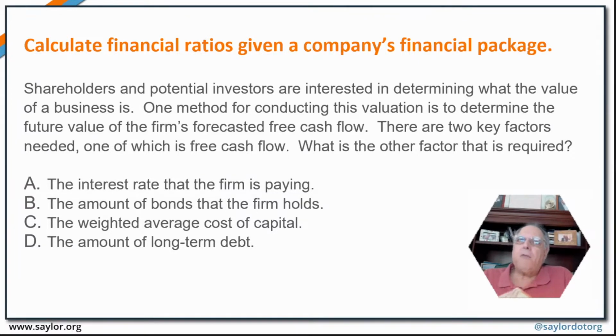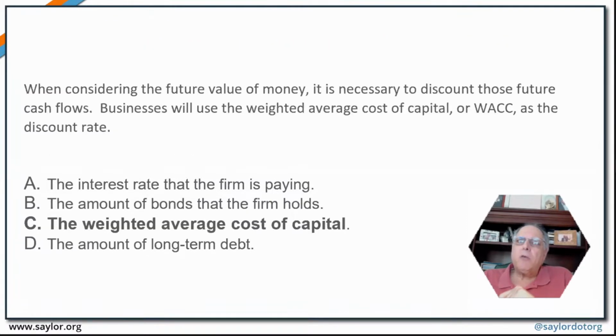And so we have a number of choices here. And what we're going to be looking for is the weighted average cost of capital, or the WACC. Remember that the weighted average cost of capital is the cost to the firm of the money that they're using. All right. And remember that the weighted average cost accounts for both debt and equity.